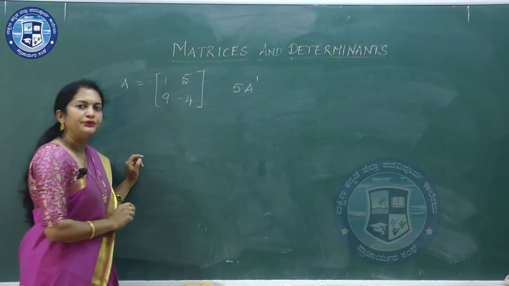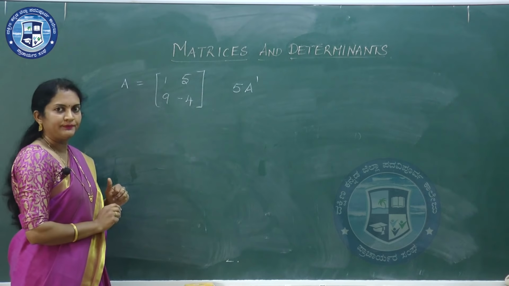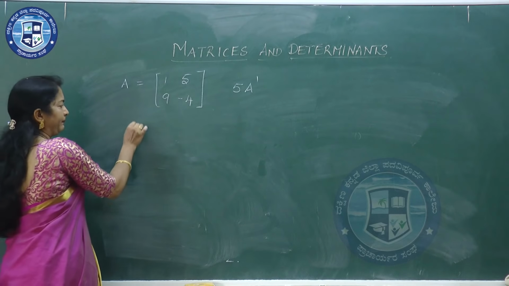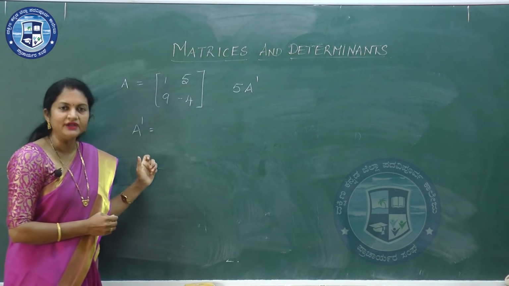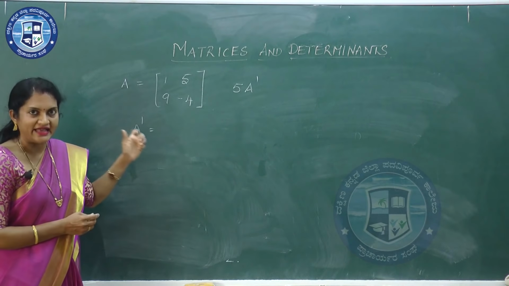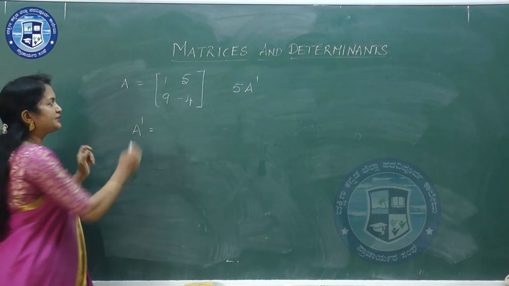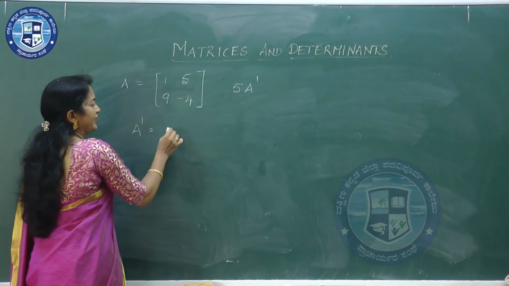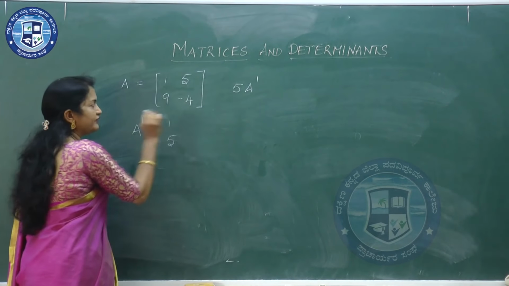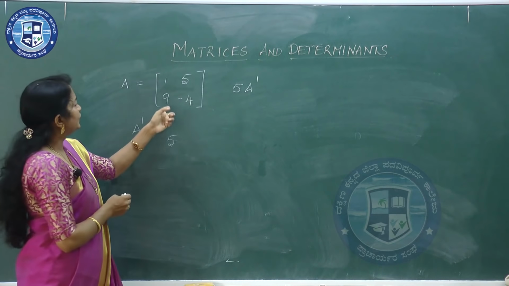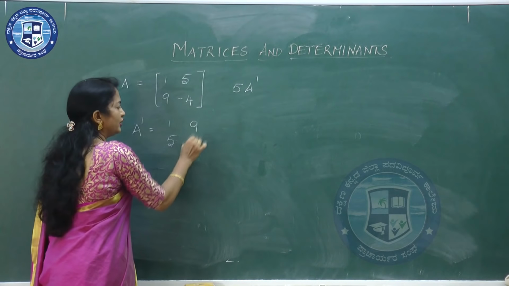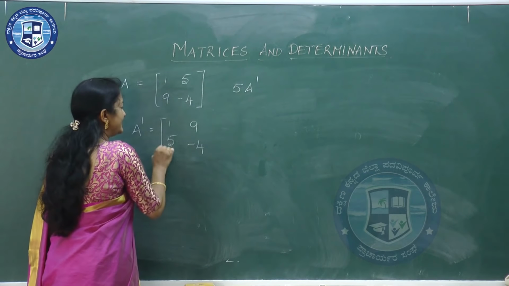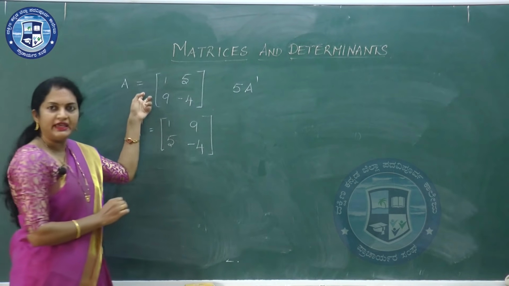If they ask to find 5A dash, how will we find it? First we write what A dash, or A transpose, is. First row 1, 5 will become first column 1, 5. Second row 9, minus 4 will become second column. So this is the transpose of the matrix A.